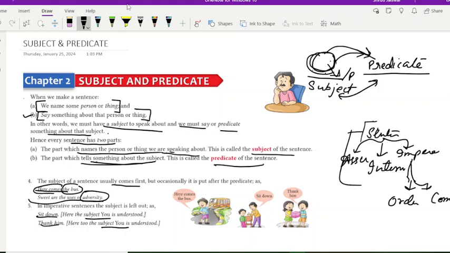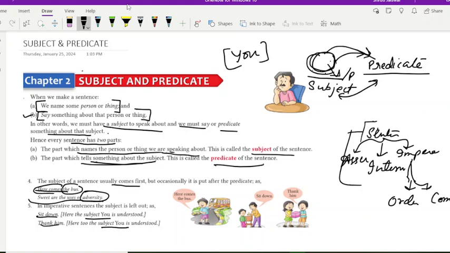In imperative sentences, the subjects are omitted. They are not shown in the sentence because we get to know who they are talking about. It's about 'you', and generally in English, the word 'you' is not used in such cases. Okay. So now here is our second chapter, subject and predicate.